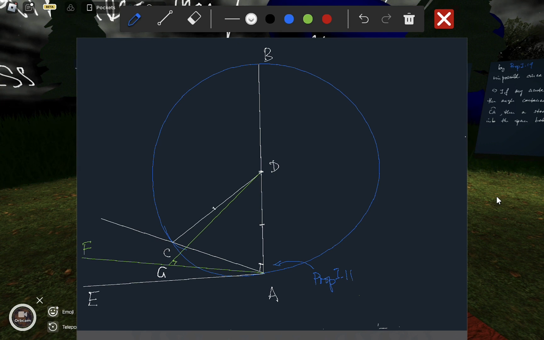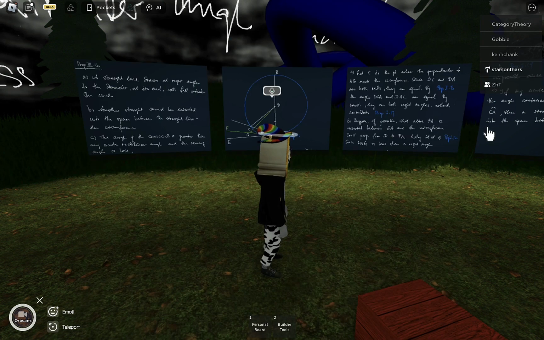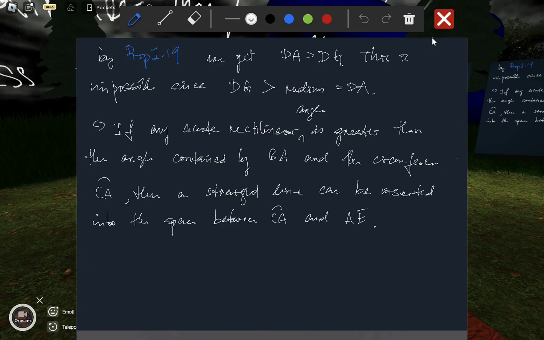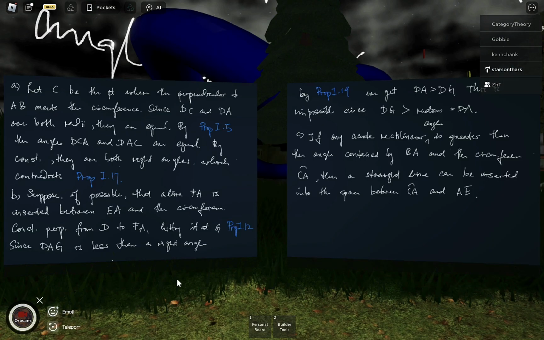All right. So I guess it's just really unpacking the language here, right? What he means by any acute rectilinear angle greater than the angle contained by BA and the circumference means you can stick a line in between there. And we proved that this was impossible by part B, right?